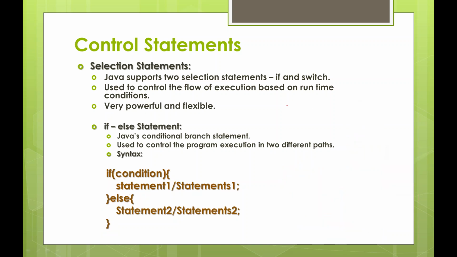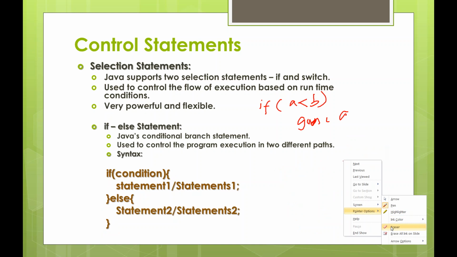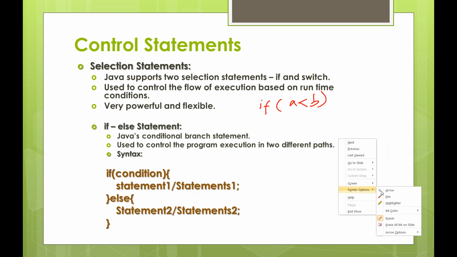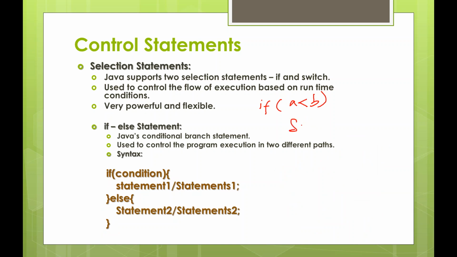Let me try this way. It is always a good practice, as I mentioned: if a is less than b, sum is equal to a plus b, else a minus b.